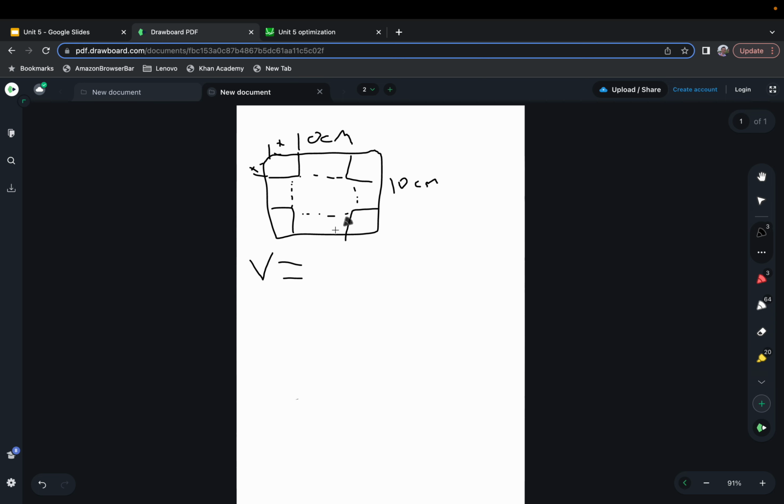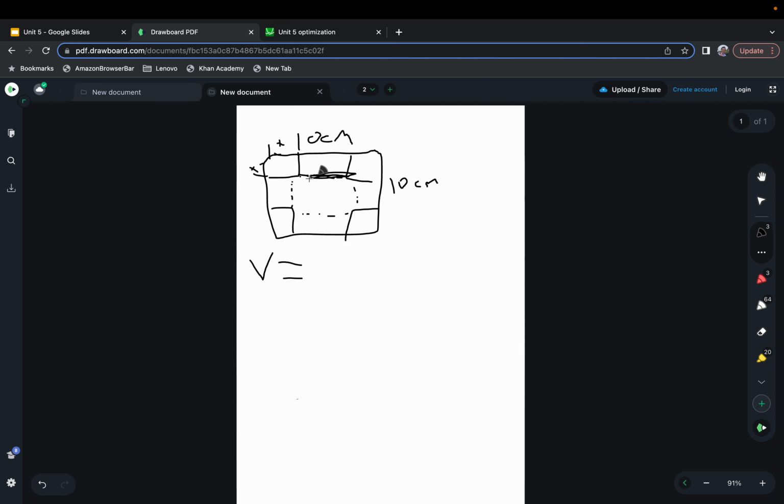Now for any rectangular or square prism, we're going to be using length times width times height. And in this case, our width for our box is going to be this length right here.